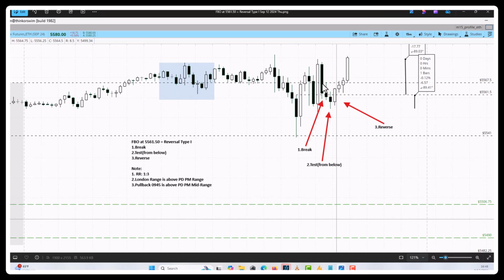Even better, before it breaks, it tests above and breaks, tests below, and then it reverses. So that gives a lot of confluence. It's your reversal type 1. That's our bread and butter setup, which is reversal type 1. We have another one, reversal type 2. Let's review that.